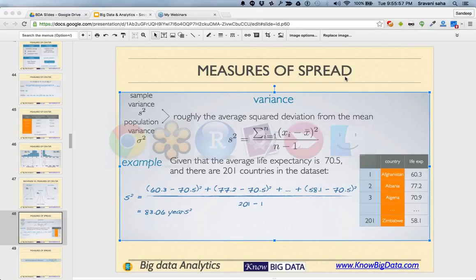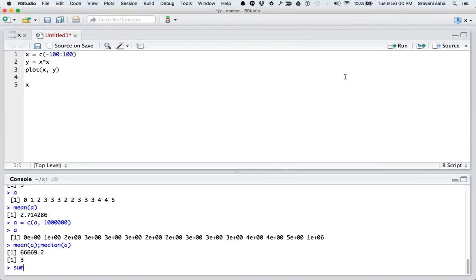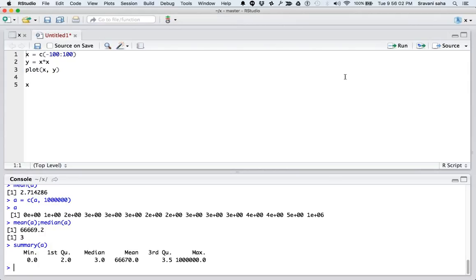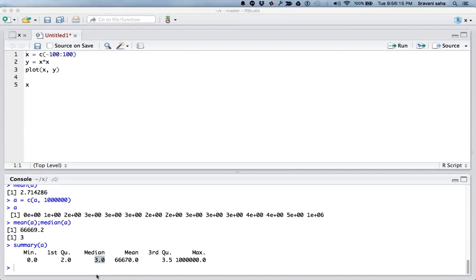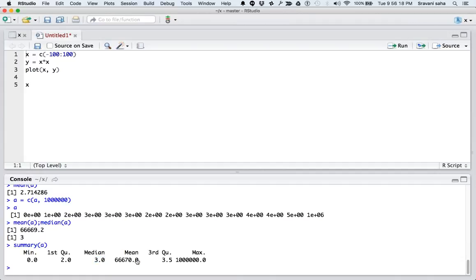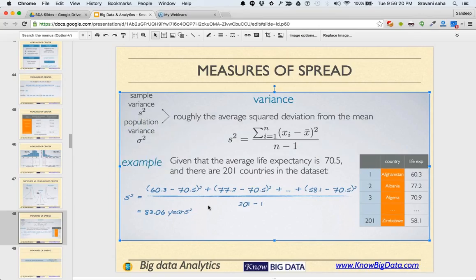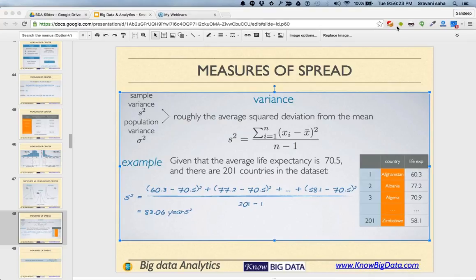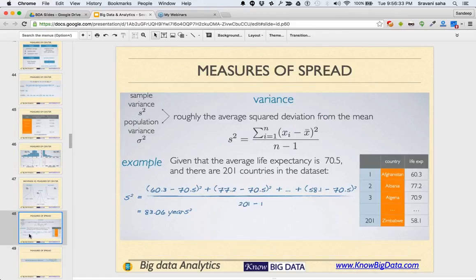If you say summary of A, it shows you the minimum, the maximum, the mean, and the median. You see that? All right. Now that was our measure of the center.